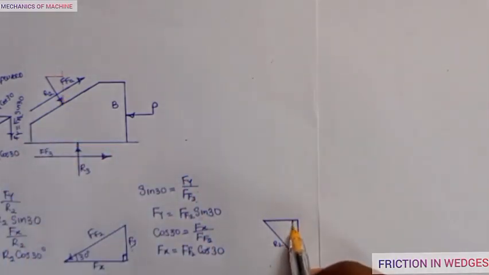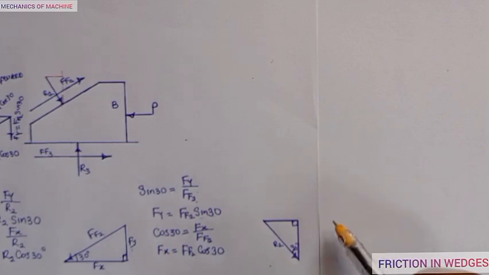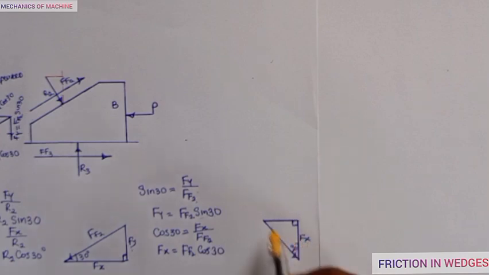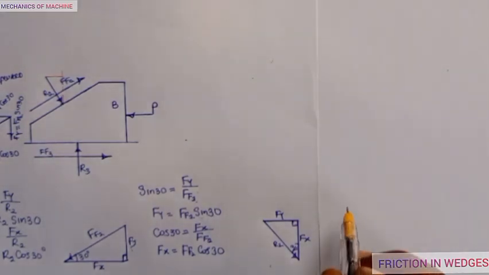Now this is where they meet perpendicular. Because this is 90 and this is 30, this will be my Fx, and this here will be Fy. So we'll do the same thing; use your SOHCAHTOA. Let me start with sine.